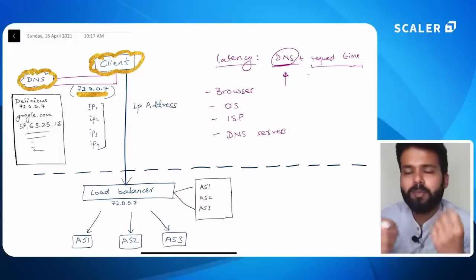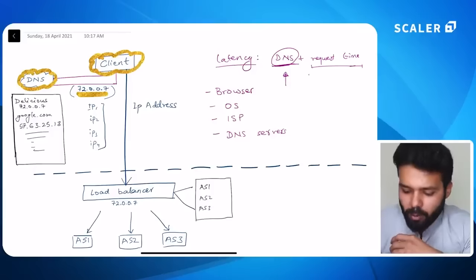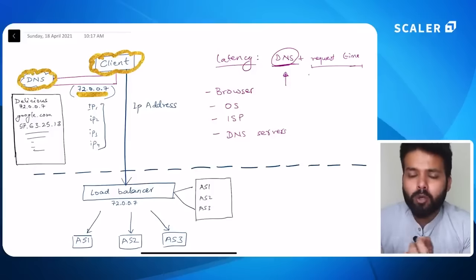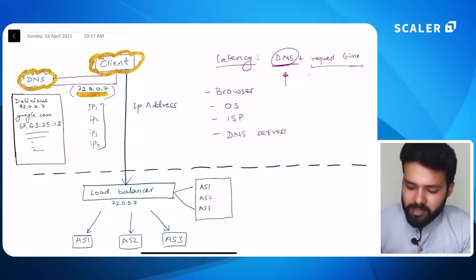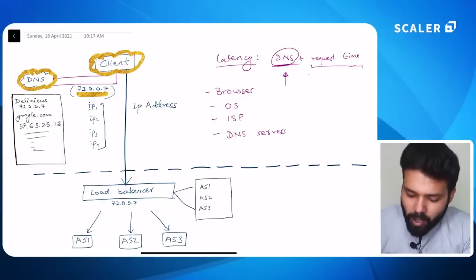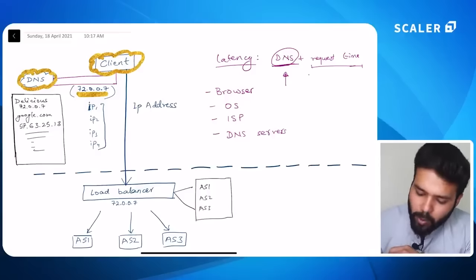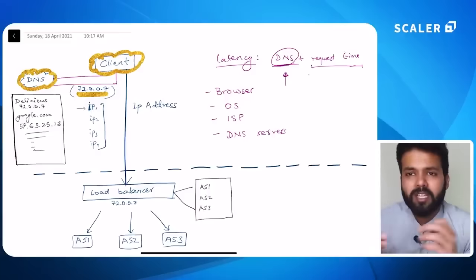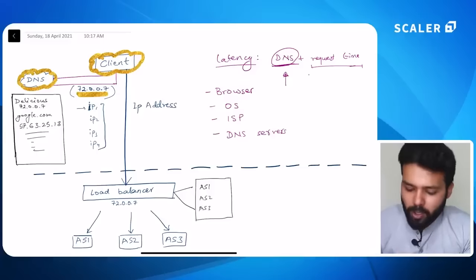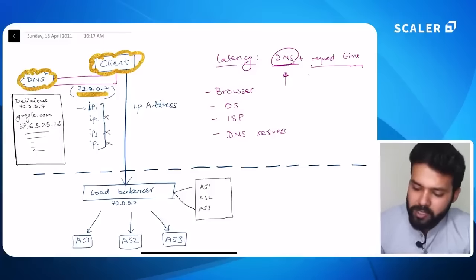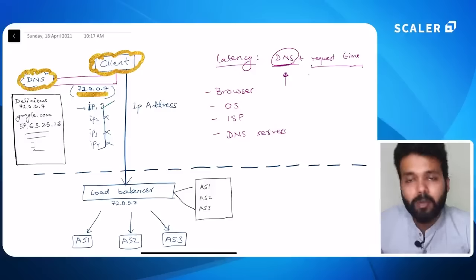Now it is the responsibility of the client to figure out which IP to talk to. Typically, in the DNS resolution phase, it follows something called a waterfall model. What is a waterfall model? It will try to connect with the first IP. If the connection is successful, it will not connect with IP2, IP3 or IP4.